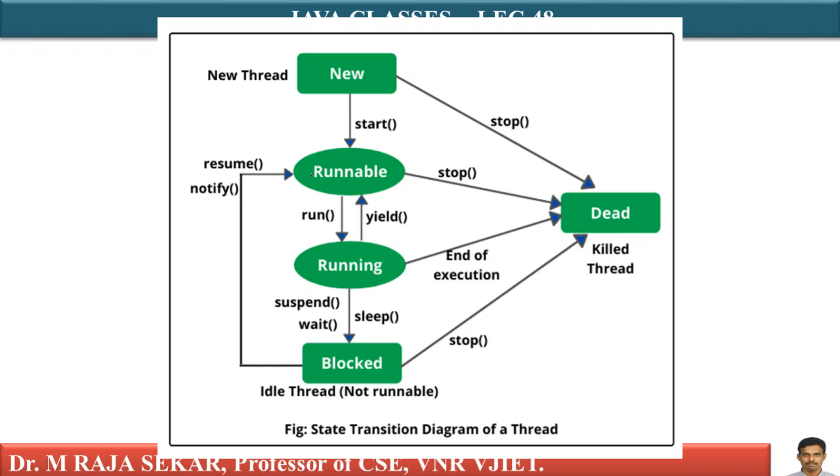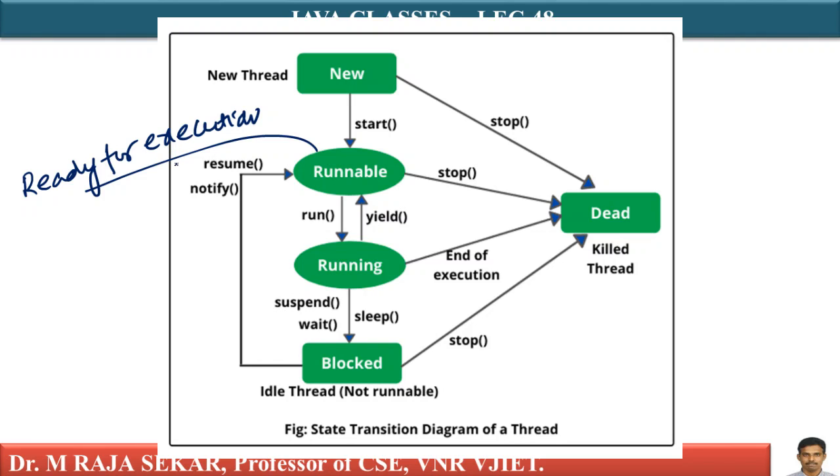Then what about my next state? That is runnable state. If a thread is ready for execution, who has to execute? CPU has to execute.